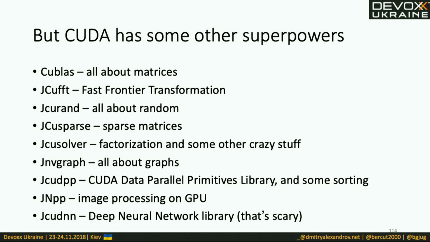We can offload some image processing to the GPU, or there is a new library which is scary. For me, I tried it and never understood how it works. It's a deep neural network library. We can offload our matrix calculations for deep neural learning to it.